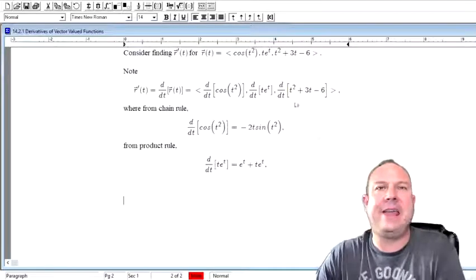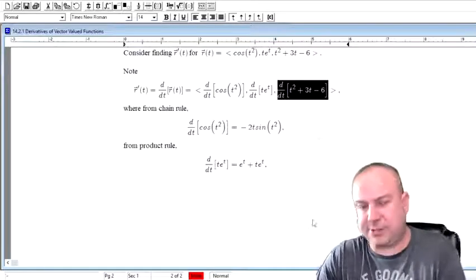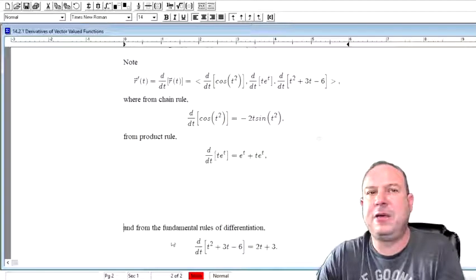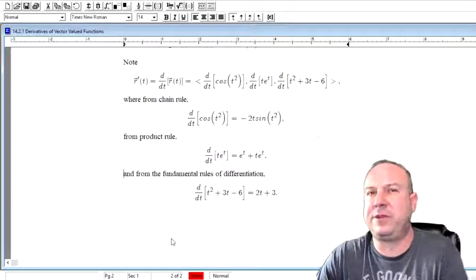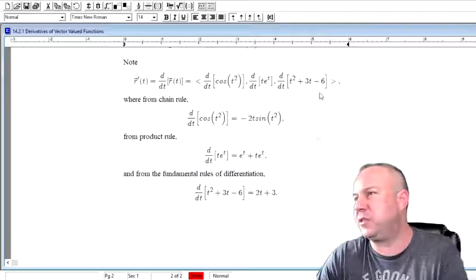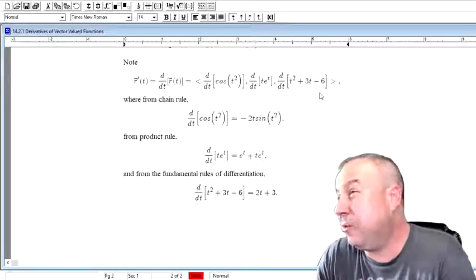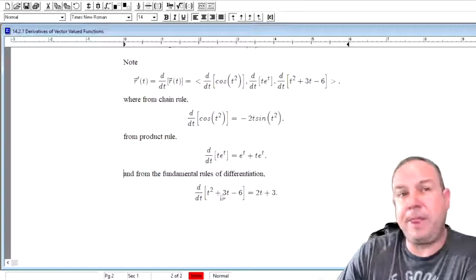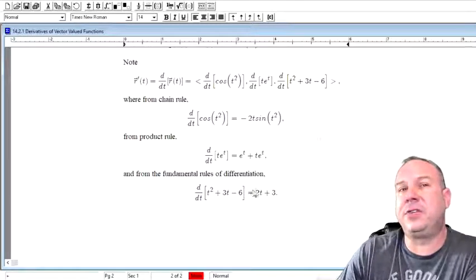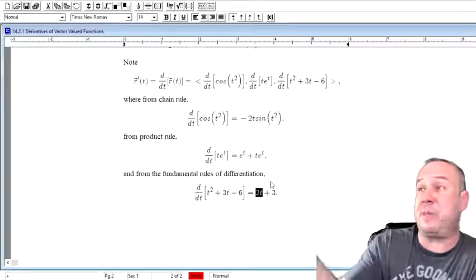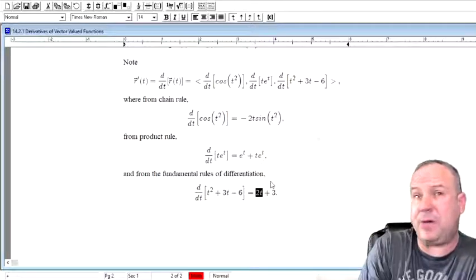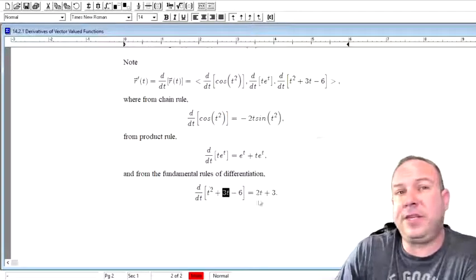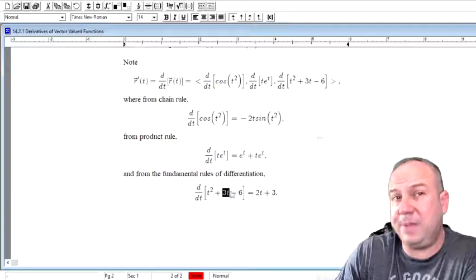And then lastly, this third component, where does its derivative come from? Well, that's just some fundamental rules of differentiation. The derivative distributes itself across the sum and difference. We use a little constant multiple rule and power rule there, folks. T squared turns into 2t. You bring the power out in front and drop it by a power. 3t just becomes 3.